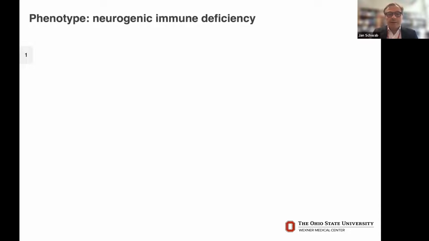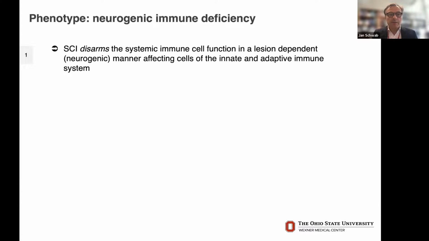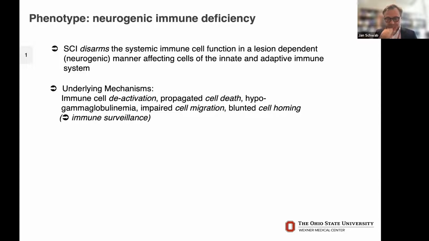So I would like to summarize the first part with regard to the phenotype of this neurogenic imprint on the immune system. Spinal cord injury disarms the systemic immune cell function in a lesion level dependent manner, affecting cells of the innate but also adaptive immune system.